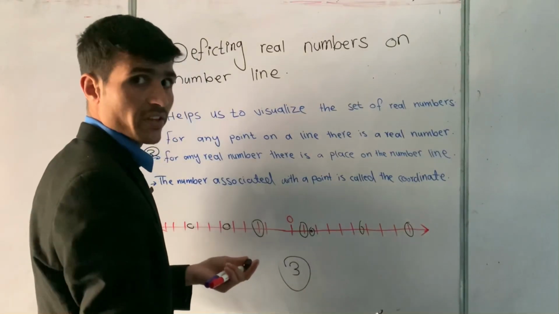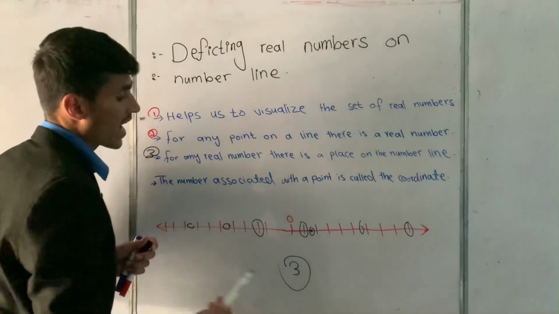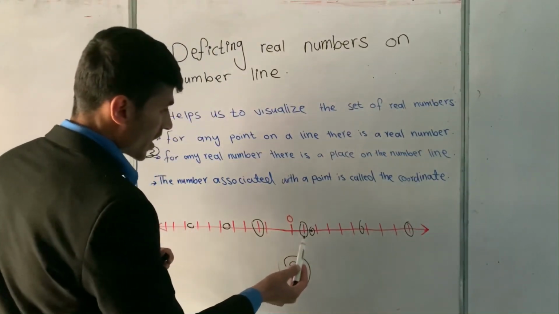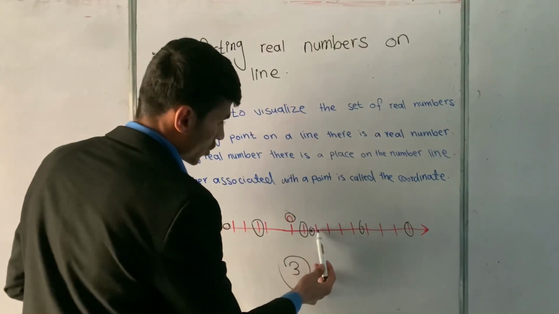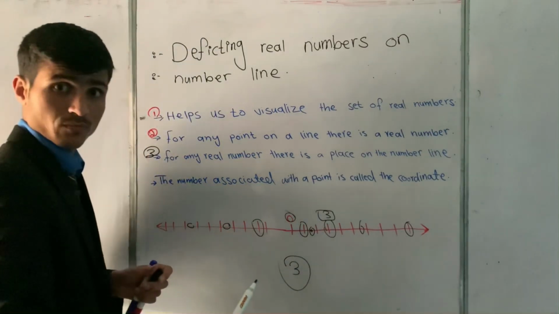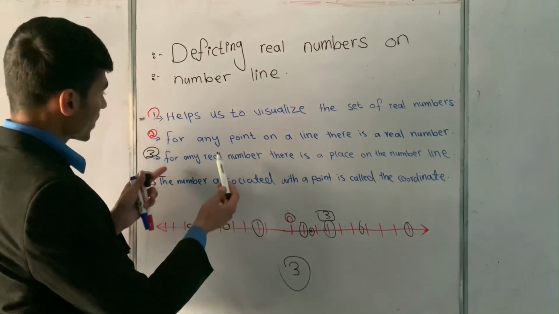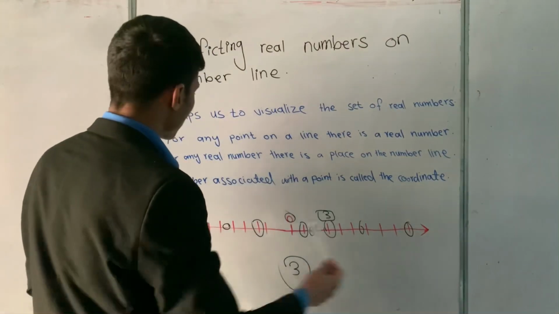There should be a place. There is a place, of course, 100% on the real number line. Pretend this is 0, 1, 2, 3. So we have 3 here. This step says for any real number, there is a place on the number line.